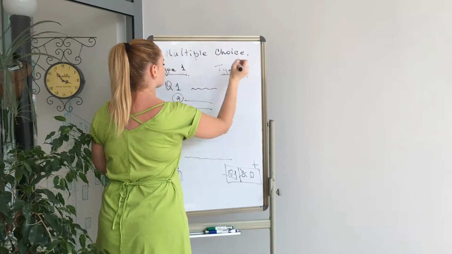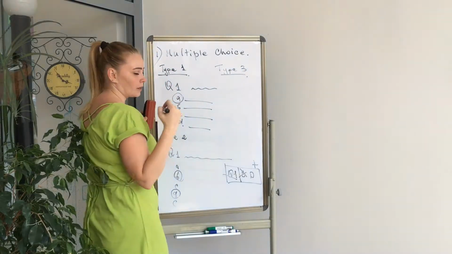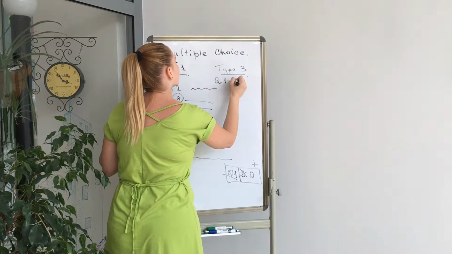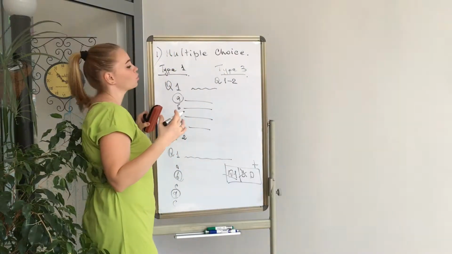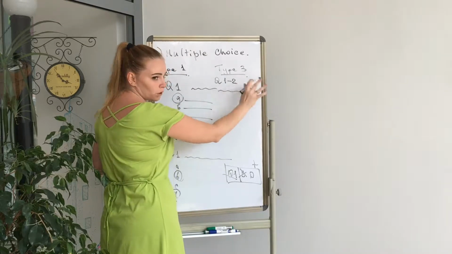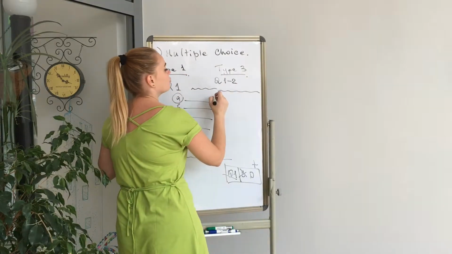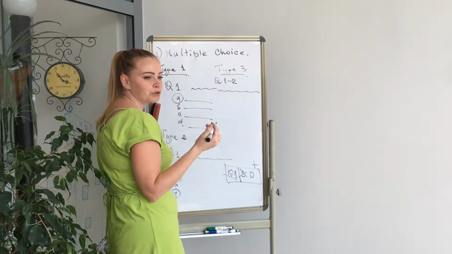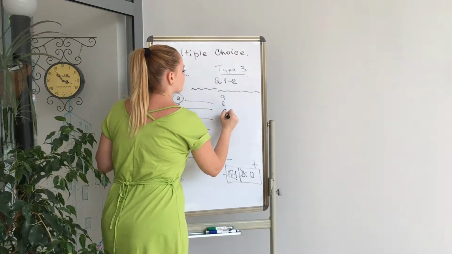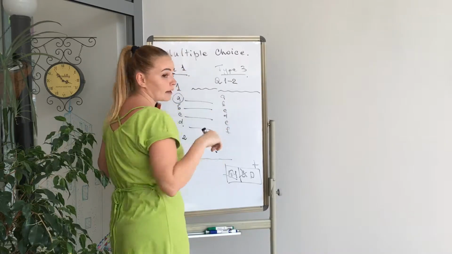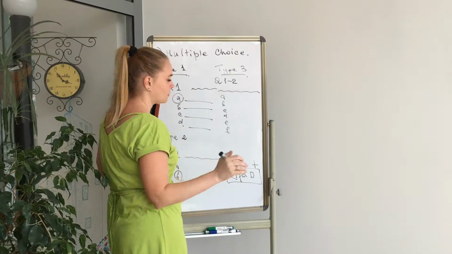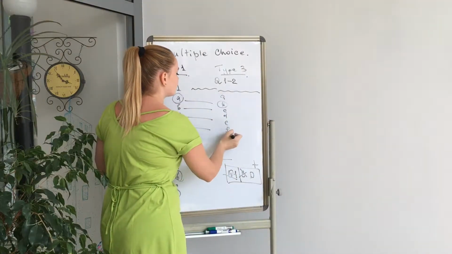Type 3. Usually you're going to have the remark like that, which means that you're going to have one question for 2 questions at once. For example, you're going probably to find reasons for some event, and they mark for you that there are 2 reasons you need to find. So for example, B is correct and F is correct.